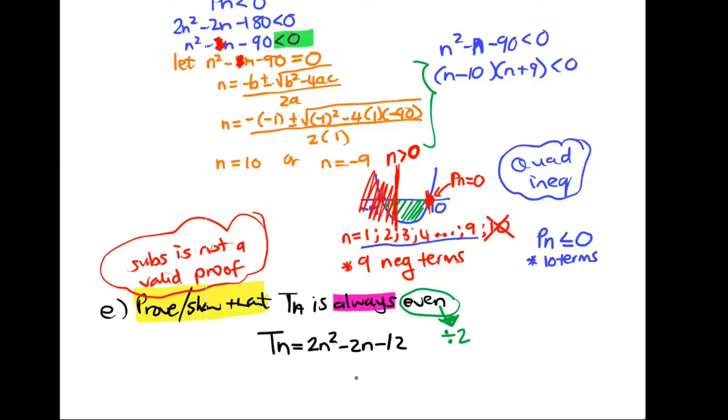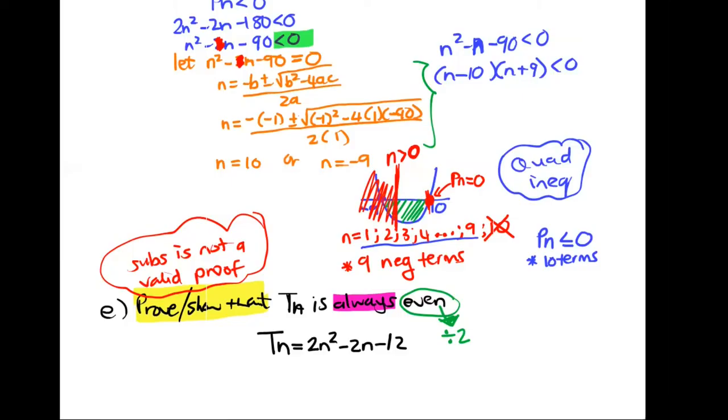So how can I, in a very simple way, show that this number is even? I'm trying to lead you to the answer. I don't want to give it to you. So how could we show that this number can be divided by 2? Okay, so Miriam and Benati both saying, let's divide the formula by 2.